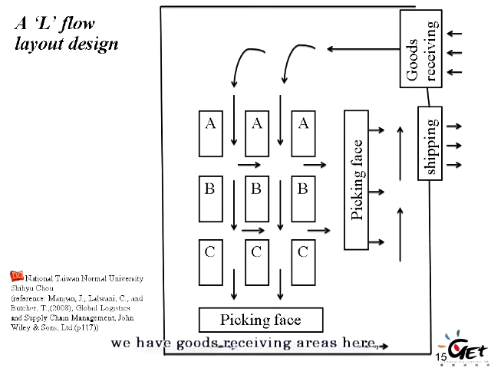We have goods receiving areas here. Once we receive goods from suppliers, we get items. We then use some device to move goods along this direction, here, and over here to these different storage areas, right?